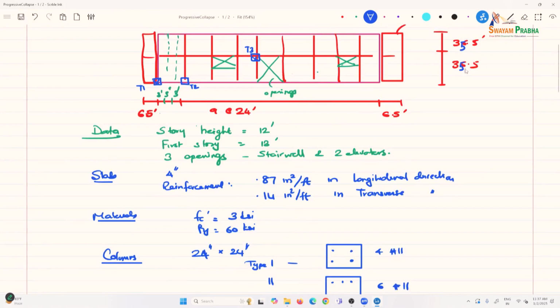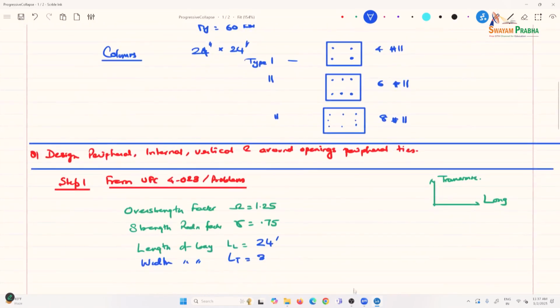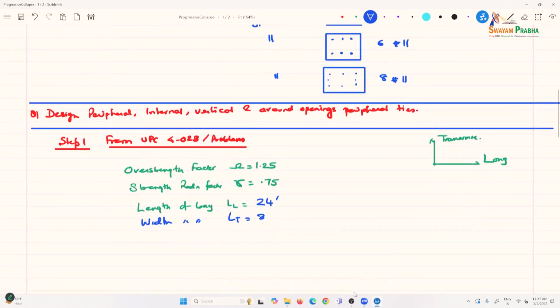I think I have taken it as 35.5. Unless I have been inconsistent, if I have, I will let you know. Wait, I think I have been inconsistent. So this is still 36.5, sorry about that.